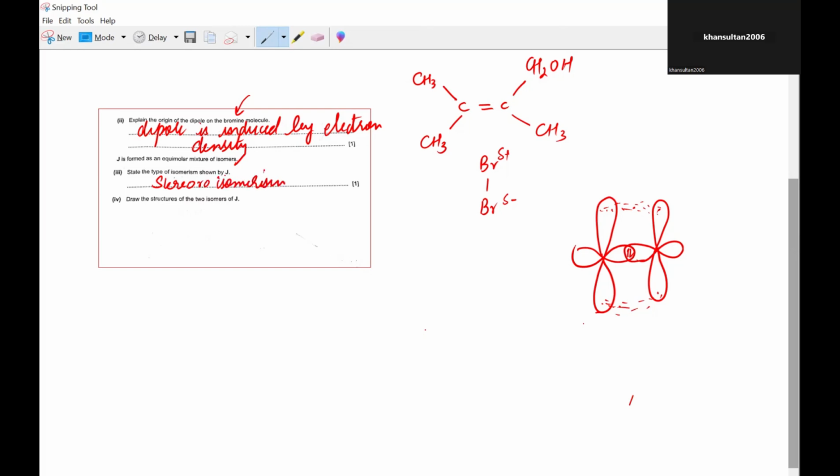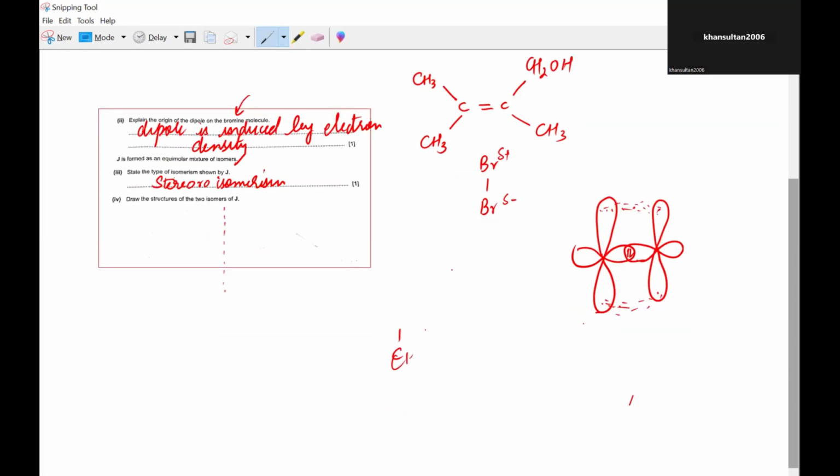Okay. And they want us to draw the structure of two isomers of J. You know that these isomers are optical isomers, and if they are going to have a mirror between them, what is going to happen? First of all, let's draw the structure. We have CH3, CH3, Br.